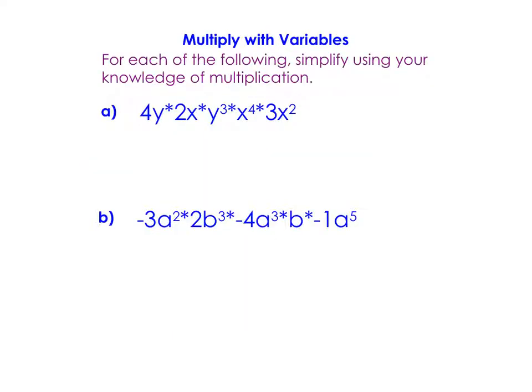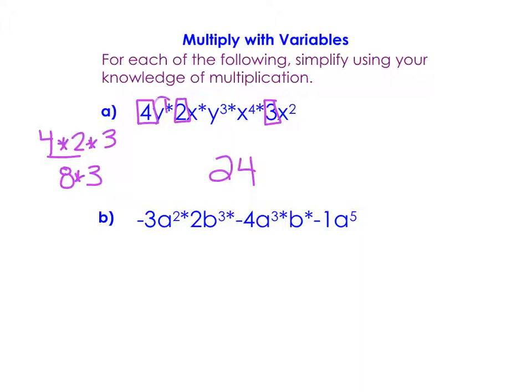So now let's try these slightly more complicated ones together. So here we have 4, 2, and 3 that all need to be multiplied together. So 4 times 2 times 3, which becomes 8 times 3, which is 24.